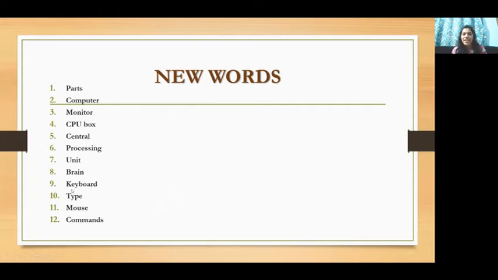Keyboard. Then type. Yes. The next word, mouse. Then the last word, commands.